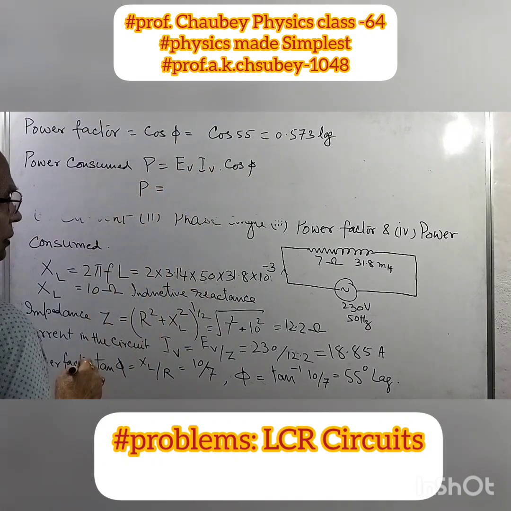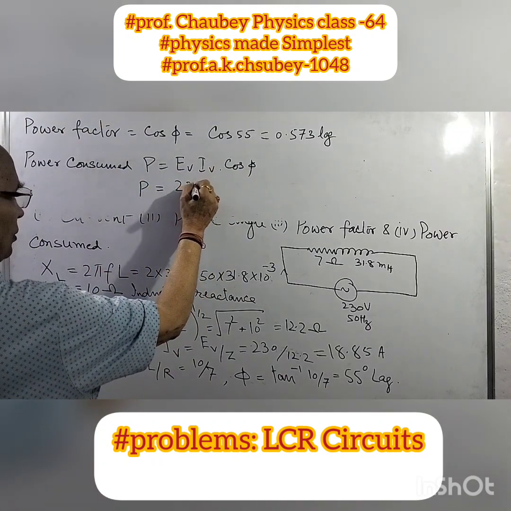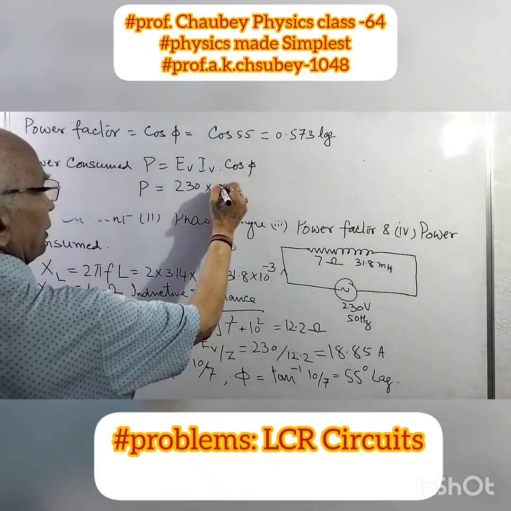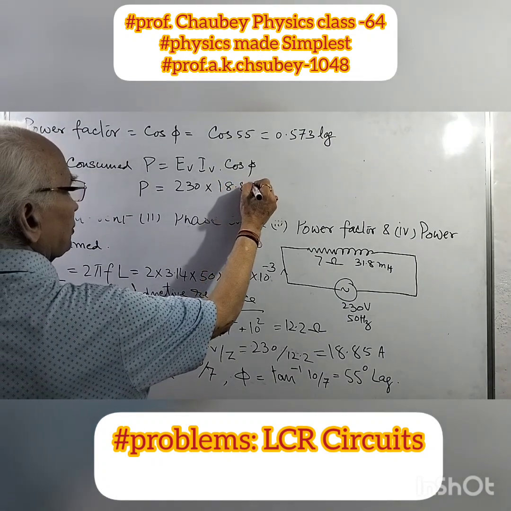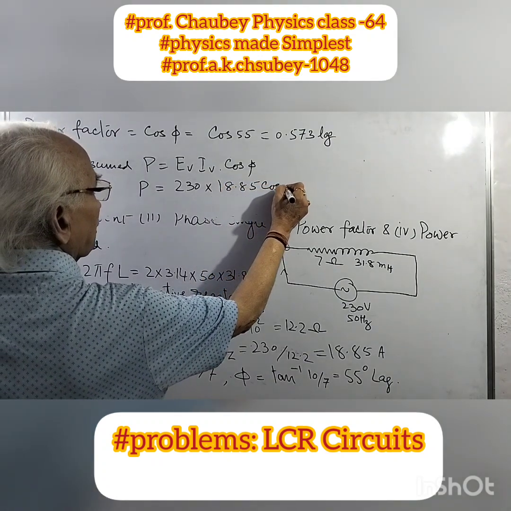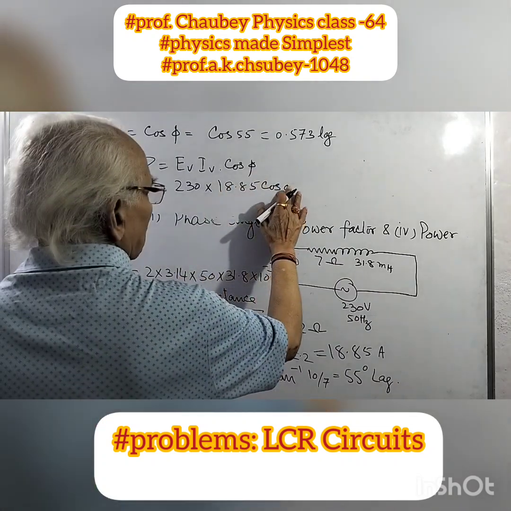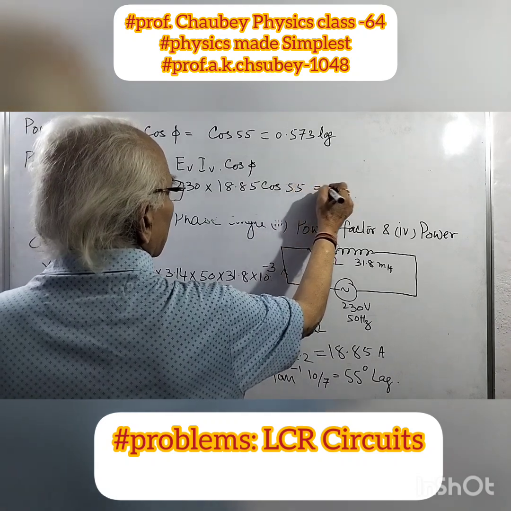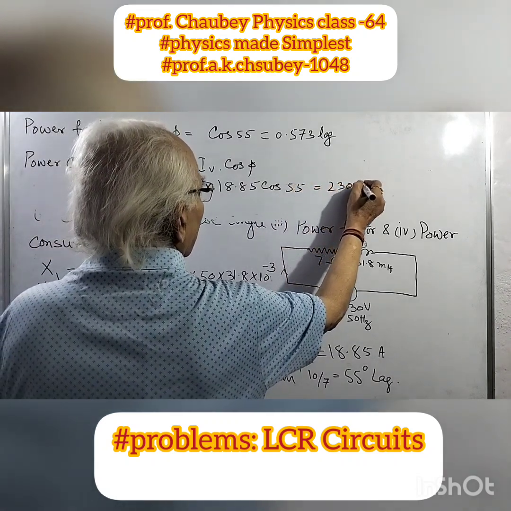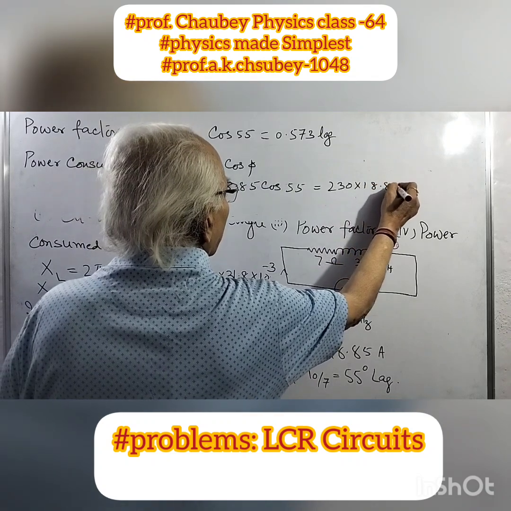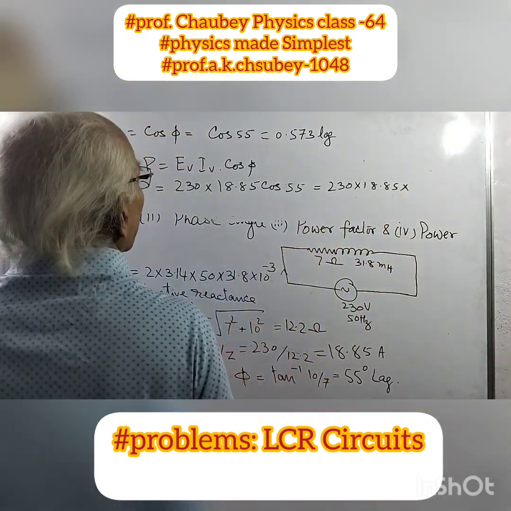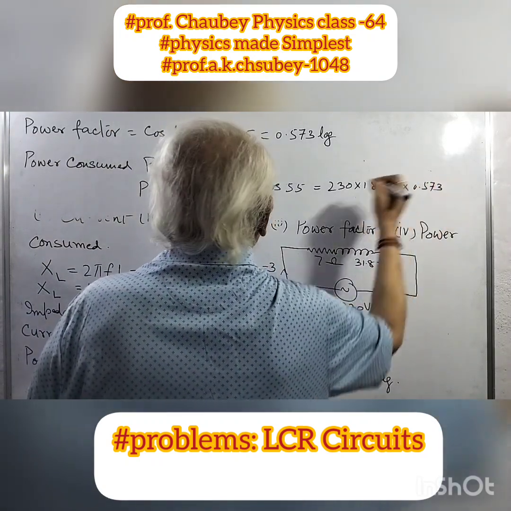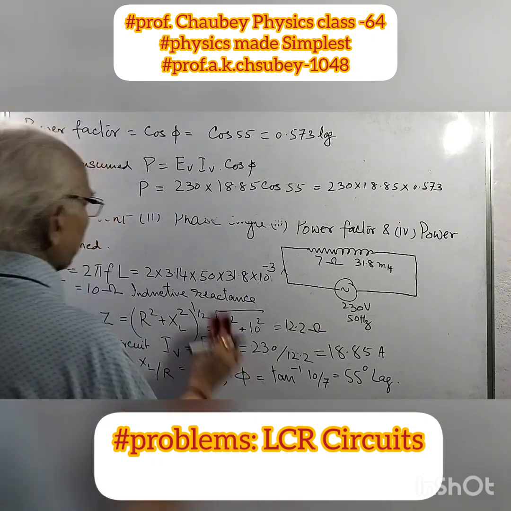So EV is 230, IV we have calculated 18.85, and cosine 55 means 0.573, the power factor. So 230 into 18.85 into 0.573.